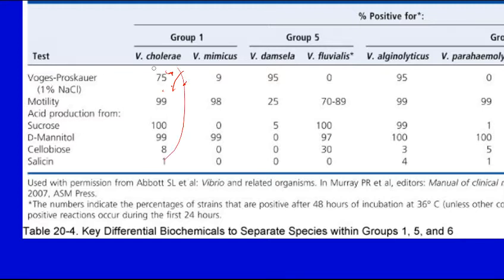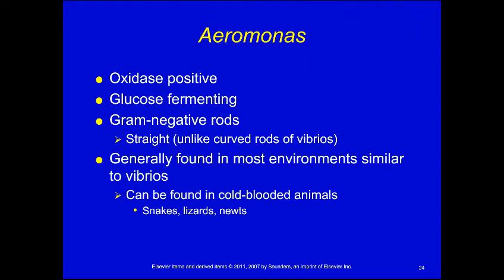So, basta kapag merong value dyan, ibig sabihin, positive sila. Only that, not all isolates will produce the same reaction. Sa mimicus, it will not produce acid from sucrose. Okay? Now, let's go to Aeromonas.